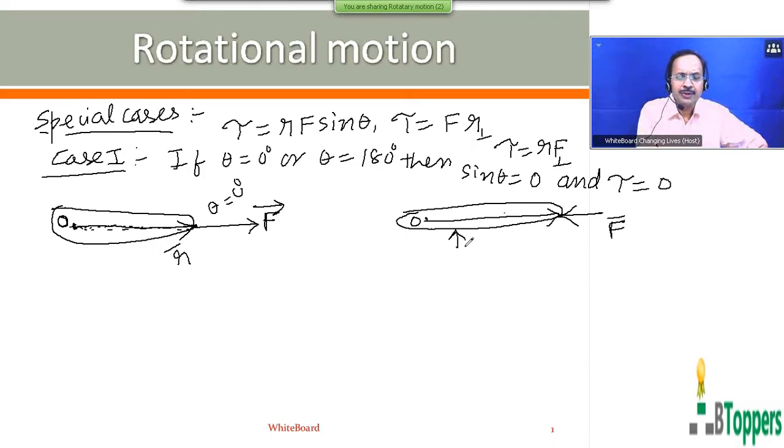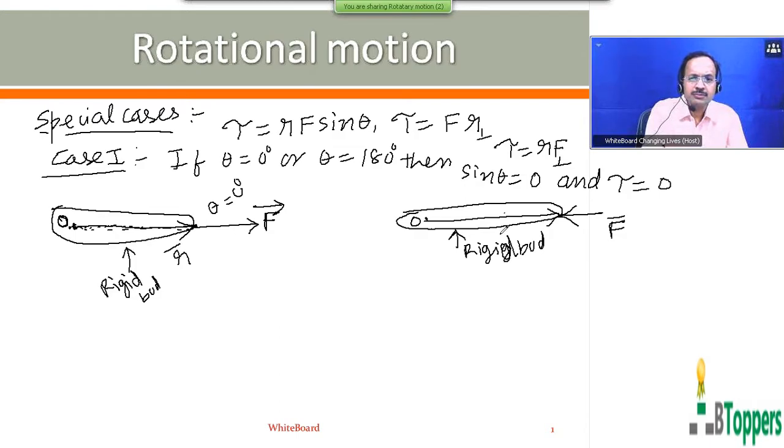This is a rigid body on which the force F bar is applied, which is capable of rotation about the axis passing through. Here R bar acts to the right side in the figure, F bar to the left side. So that means R bar and F bar act in opposite directions. Here angle theta is 180 degrees.